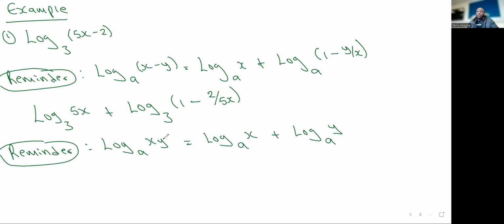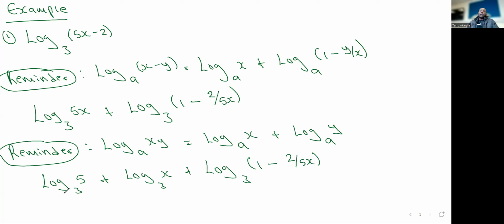Remember, when you multiply, it's equal to the sum of individual logarithms. So this is the same as log_3 5 plus log_3 x plus log_3(1 - 2/(5x)). And that will be the answer for that.